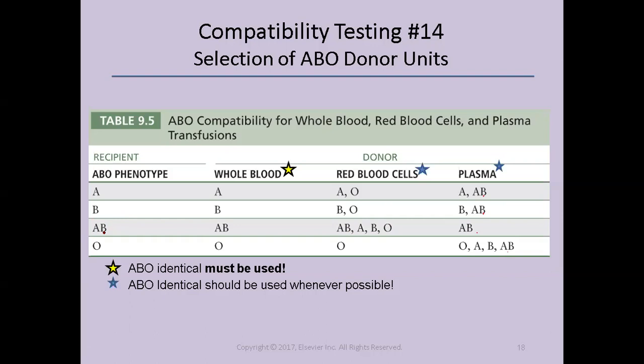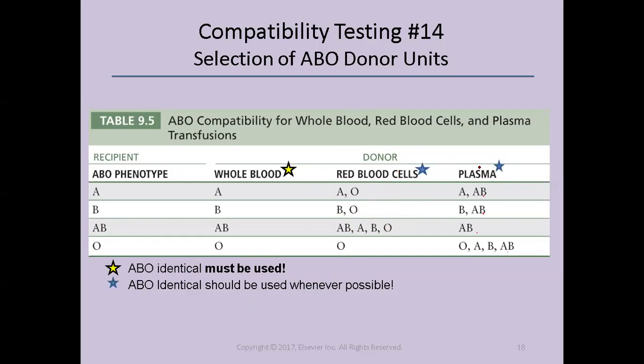An individual who's AB, although they are the rarest blood type, could receive AB, A, B, or O because they have both antigens. Of course, ideally, we'd like to give them the same type, ABO identical, but if not, there are other choices in this case.